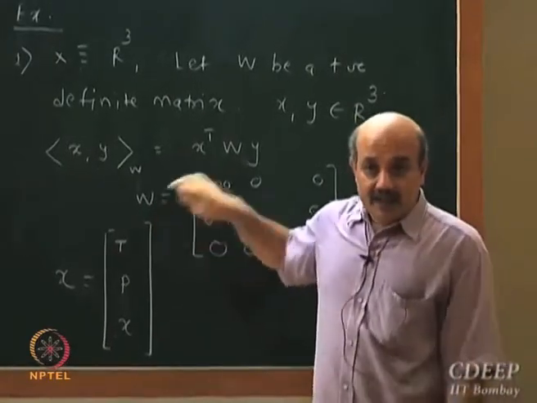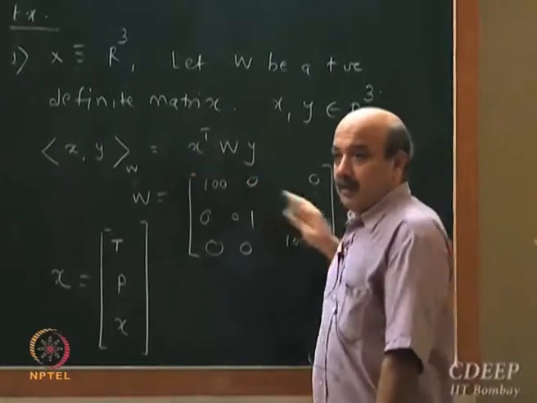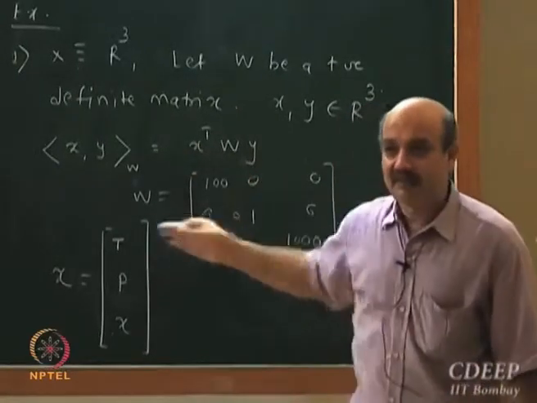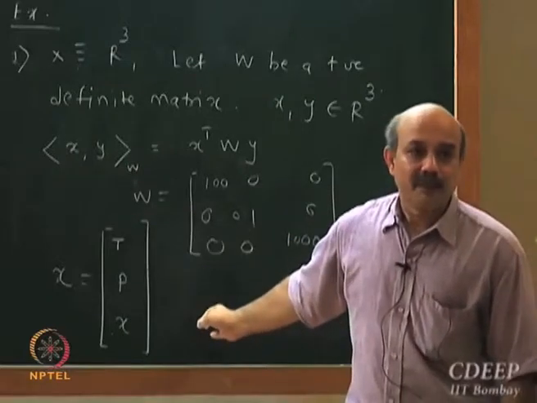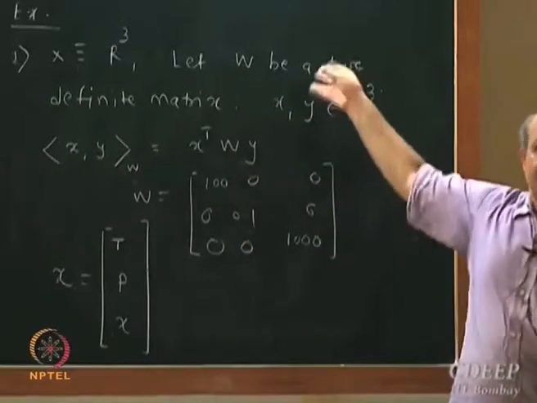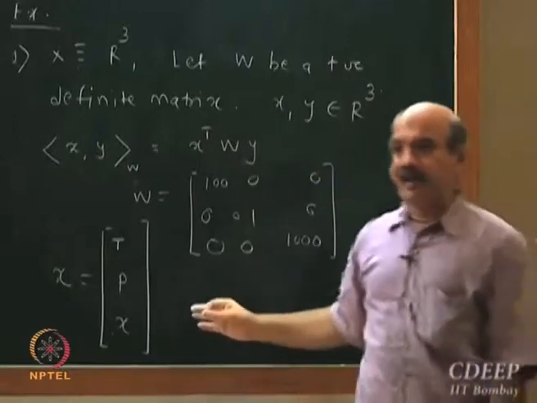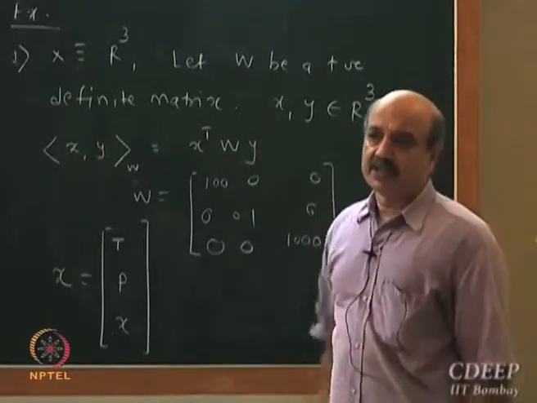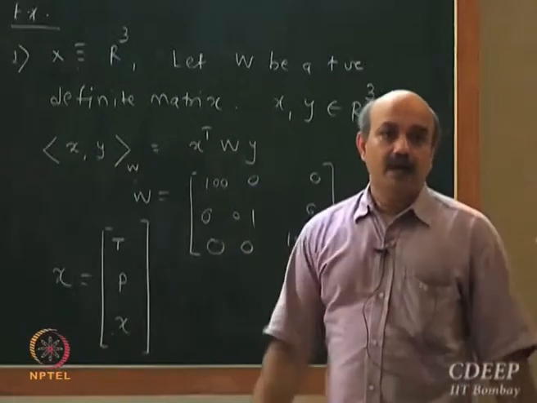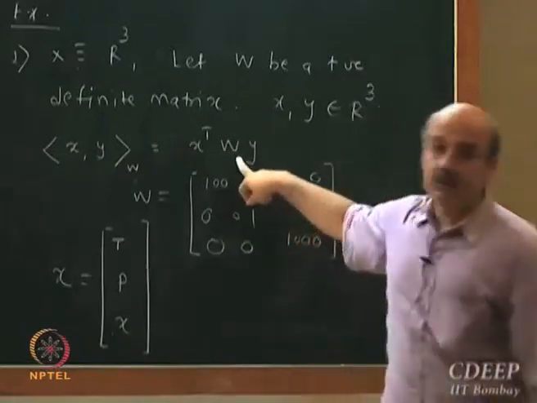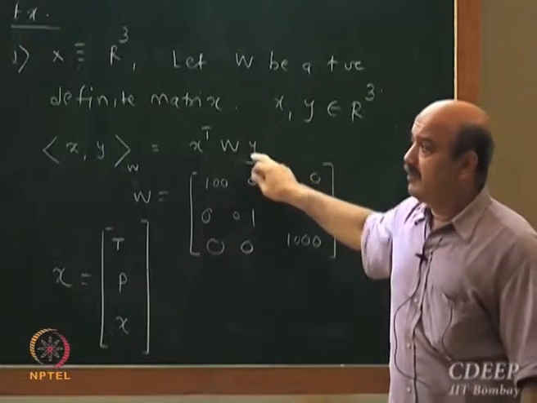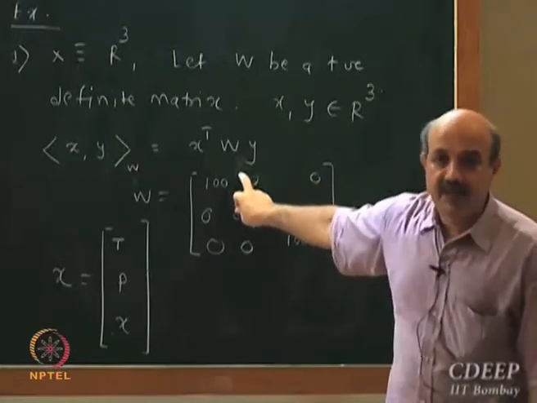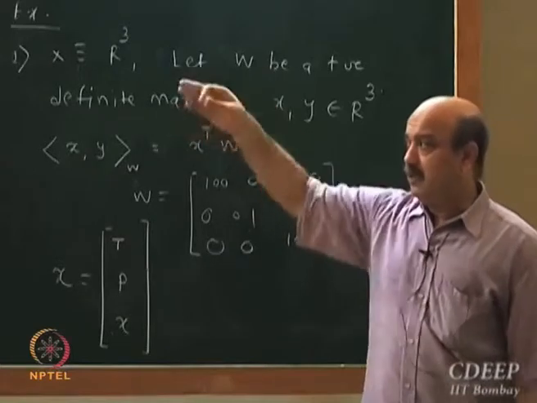At such times it is useful to have an inner product definition which normalizes the unit differences between different variables. I am not just defining this W matrix just like that, there is a purpose behind this, and there are many situations where you will run into this kind of normalization business, where you have to use a matrix W.